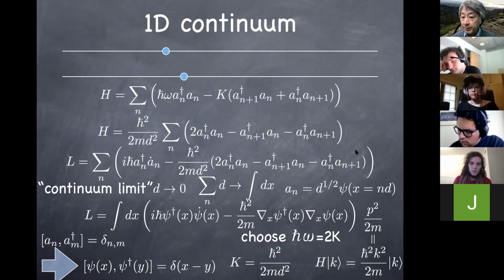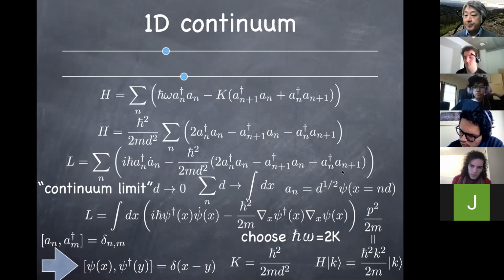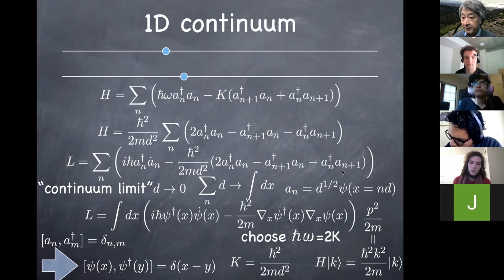For example, from the last term at order d squared, psi of x plus d has psi of x as the 0th order, plus d times grad psi as the 1st order, plus d squared over 2 times psi double prime of x, the second derivative. So the second derivative is there too.